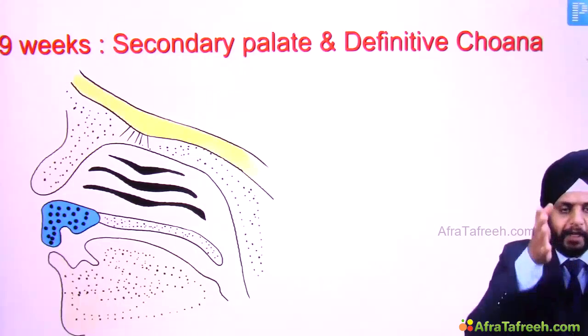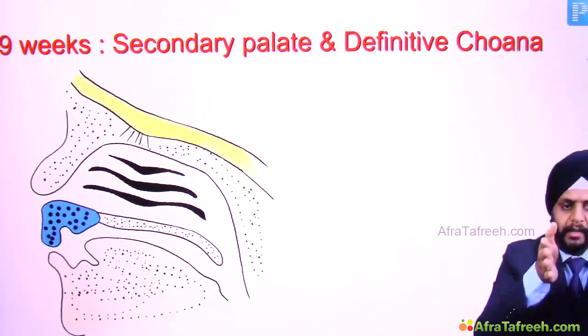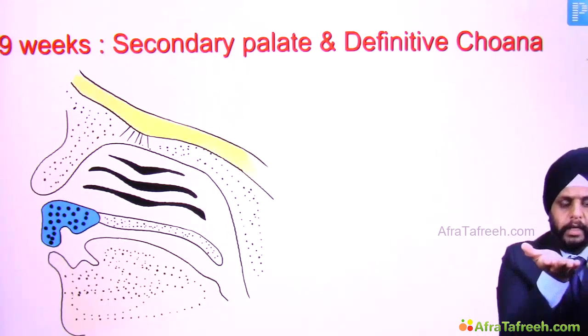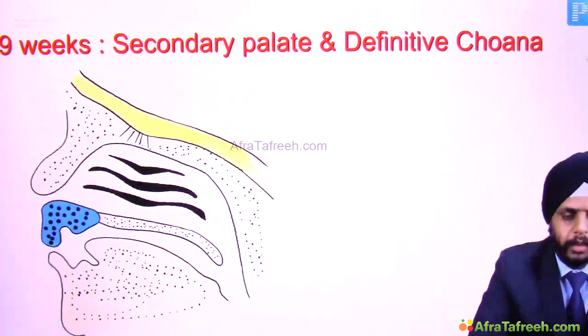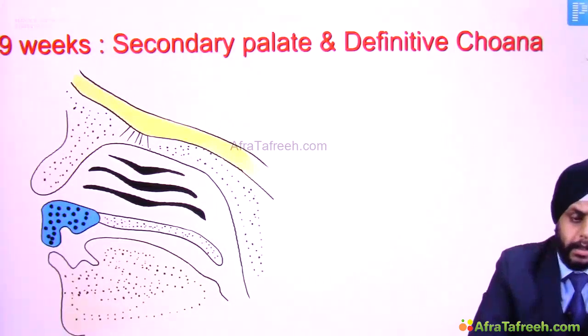This vertical plate of bone grows vertically like this, and after some time it rotates, meets in the midline, and it forms the palate, the secondary palate.